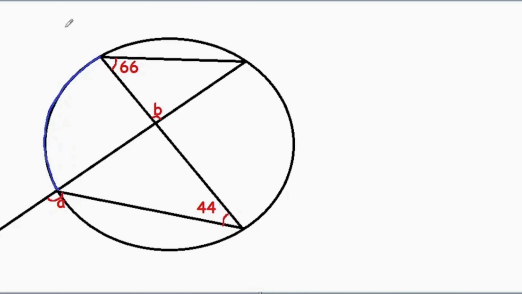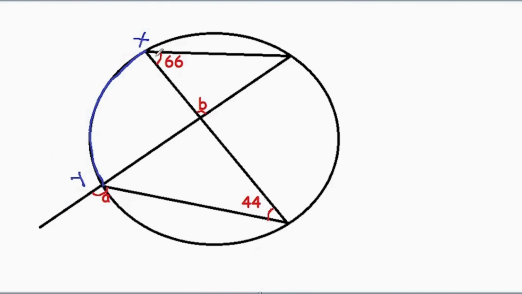Let's label this point as X, and this point as Y. Let's show how arc XY is subtending angle 44. So that's arc XY subtending angle 44.